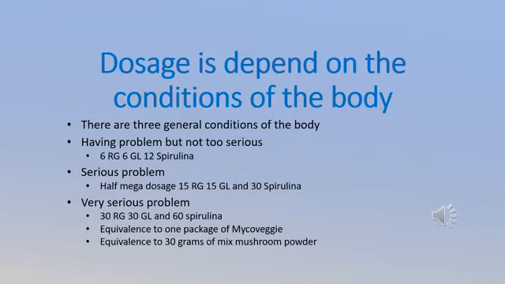If you feel that 60 is too much, you take 30, also up to you, not so critical. But 30 Rg and 30 GL is a must for this mega dosage. So when it is a serious problem like diabetes, cancer, a lot of serious problems, then we have to go for this mega dosage. So this is all about the dosage.